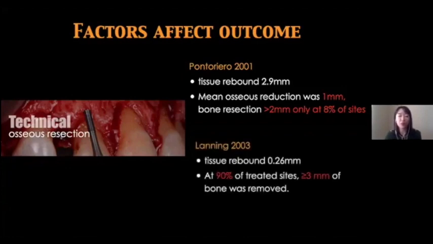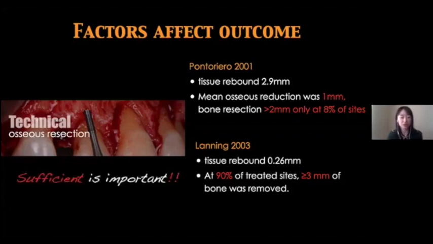Compared to the article by Lengthening 2003, the tissue rebound is only 0.26 millimeter. As you can see in this article, at 90% of the treated sites, more than 3 millimeters of bone was removed. So it proves again that the osseous resection is directly related to the tissue rebound. So sufficient osseous resection is very important.